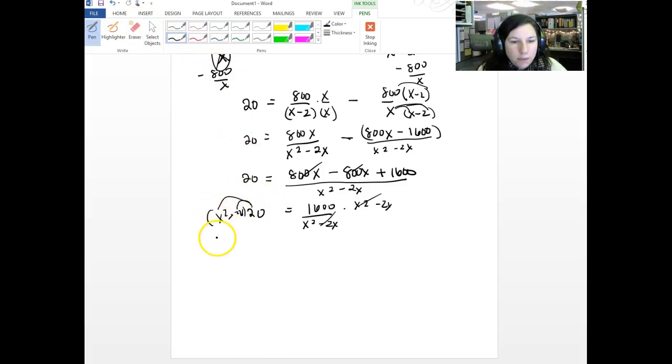So 20 times X squared and 20 times negative 2X. And then now we've got a quadratic equation, so those can be solved when you set them equal to 0. So I've got a minus 1,600 on both sides, so now this side equals 0.